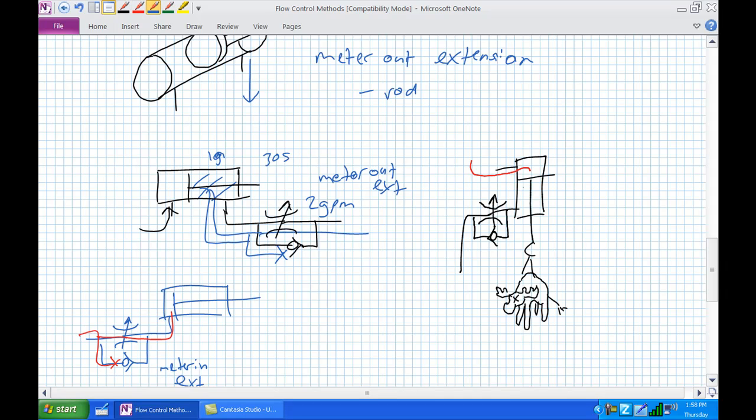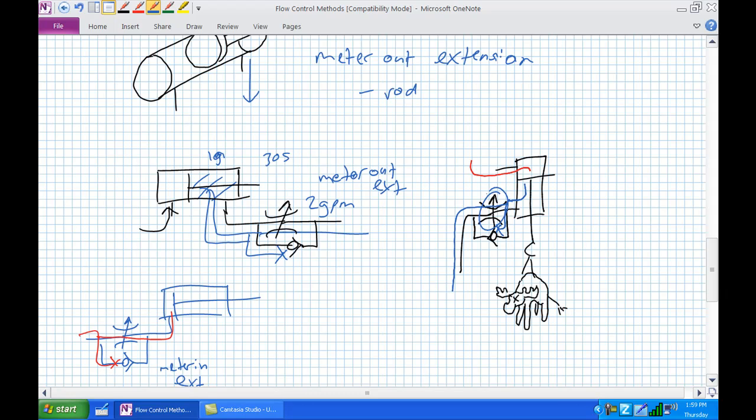But what's draining out of the rod end here can't go through the check valve, it has to go through the flow control valve. And by varying the setting on the flow control valve, I can lower at whatever speed I want to. Pretty neat, huh?